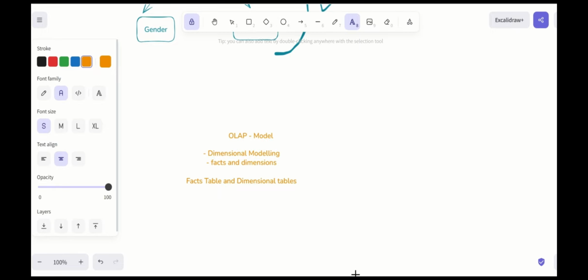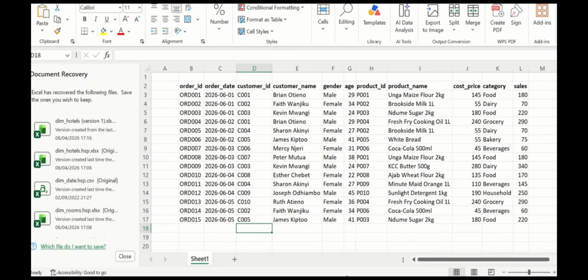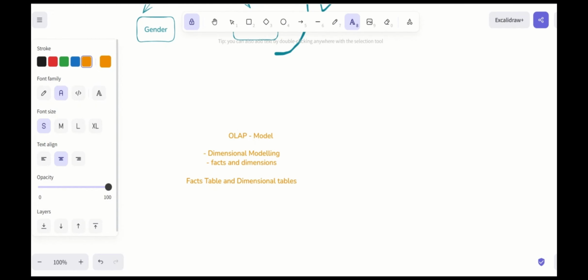For example, our table contains order details, customer details, and product details.